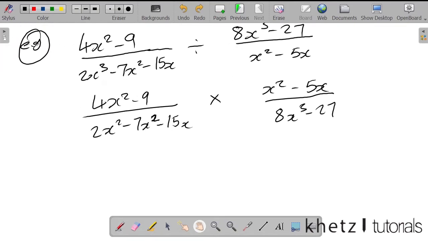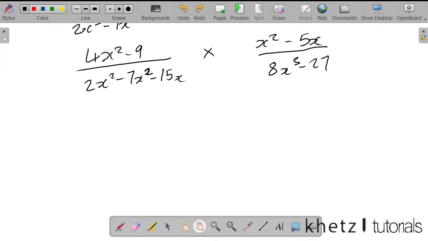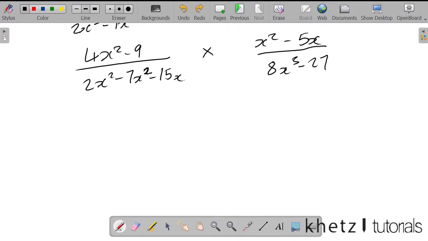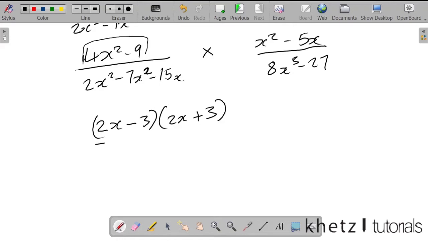Now moving on, you'll notice that you have a difference of squares over here. If you remember the difference of squares formula, you find the square root of the first term subtract the square root of the second term, and then the square root of the first term plus the square root of the second term. That is what you have as a difference of squares.